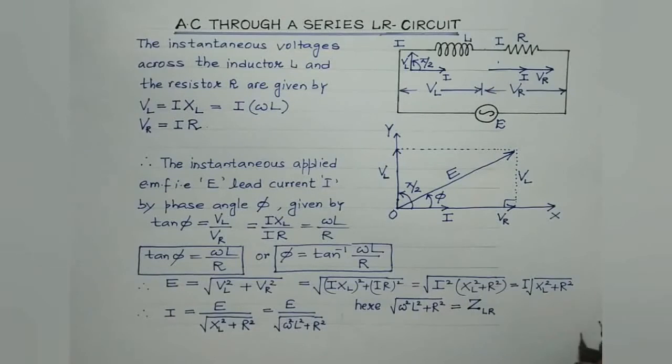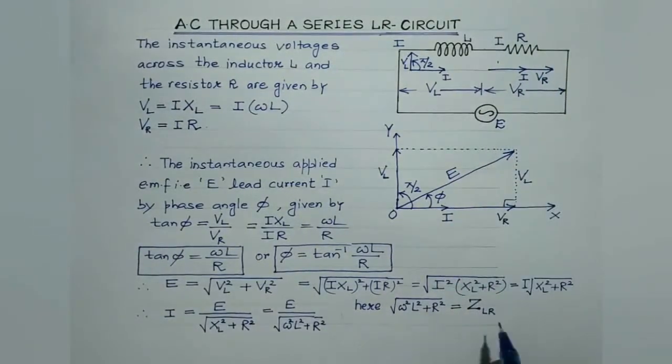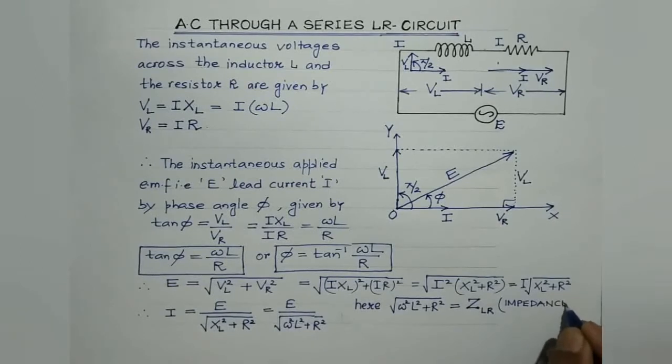And obviously its SI unit is ohm. It is actually the net resistance offered by the inductor and the resistor to the flow of current. Total resistance offered by the series combination of the inductor and the resistor to the flow of current is known as the impedance of the LR circuit, right?